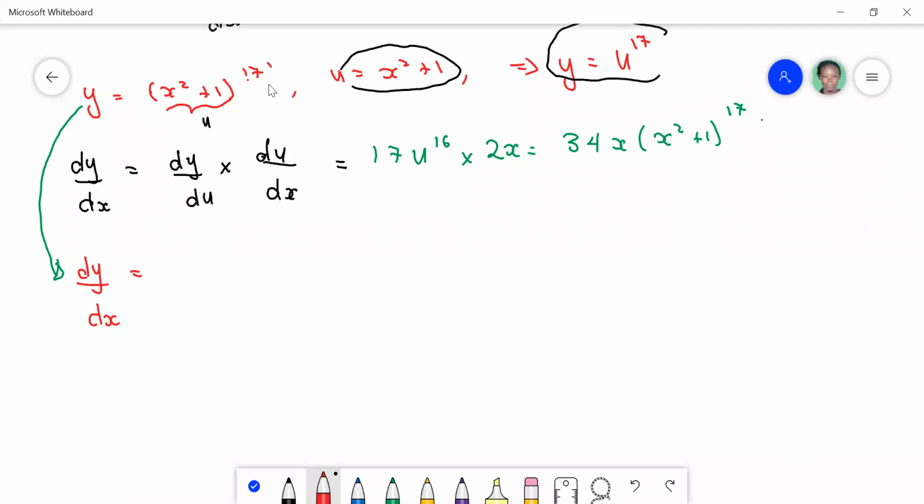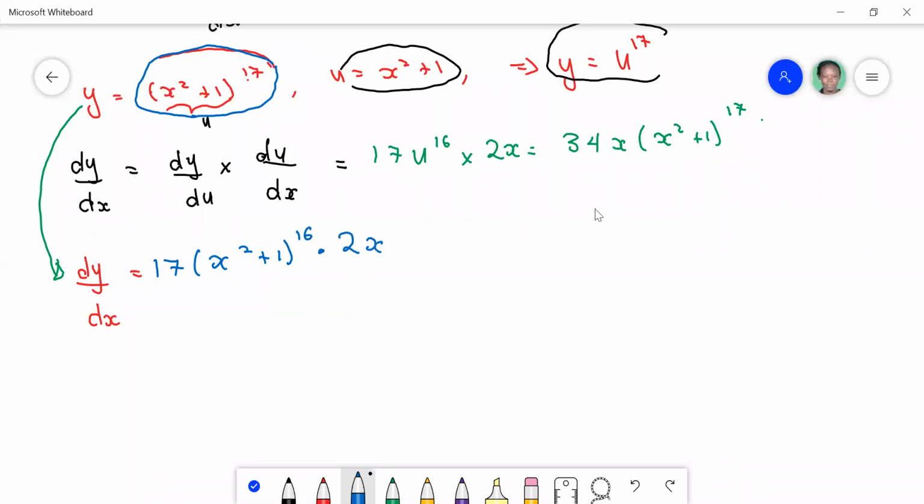So what we are saying is, you first differentiate the whole of this. Let me use a different marker. I differentiate this, treating it as one, so I have 17 (x squared plus 1) to the power 16, times you differentiate what is in the brackets. Basically, that is all that we are doing. I differentiate what is in the bracket as well with respect to x. If I differentiate that, I have 2x. So it's still the same thing I have done here.